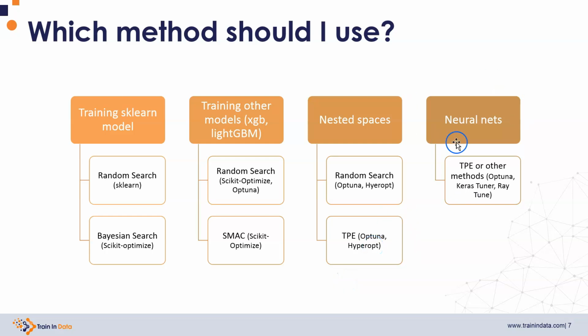And if we're training neural networks, most likely we're going to end up using TPE or other methods that we will discuss later on that come baked into Optuna, Keras Tuner, RayTune, and some more.